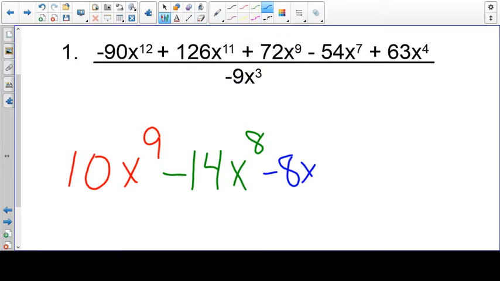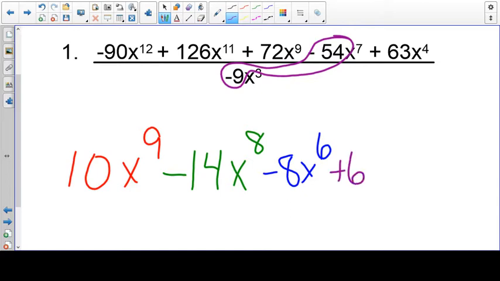Then I'm going to take 9 minus 3, which will give me 6. Next, I'm going to take negative 54 divided by negative 9, which will give me a positive 6. Then I'm going to take my 7 minus 3, which will give me 4.